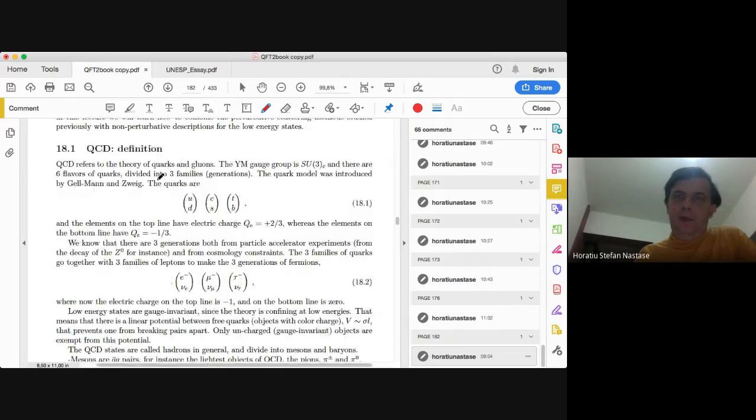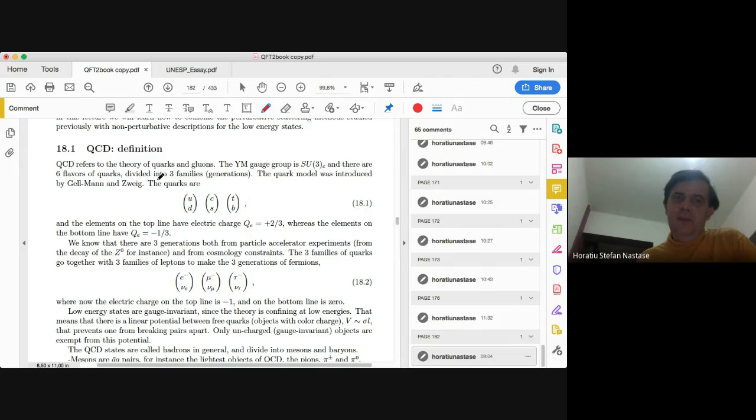So first of all, what is QCD? QCD is a theory of quarks and gluons with the gauge group SU(3). And there are 6 flavors of quarks.